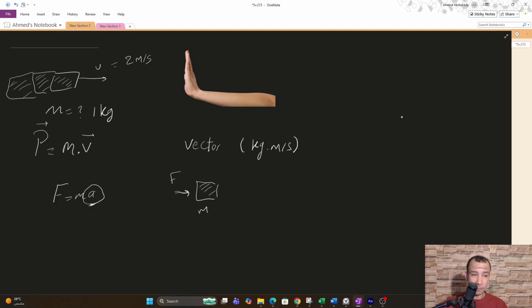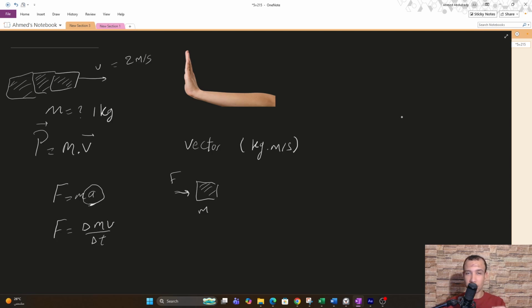So F equals m delta v over delta t, because delta v over delta t is an a, right? As we just said, it takes longer to accelerate if you have a smaller force.